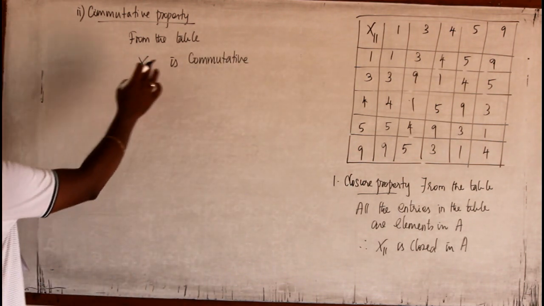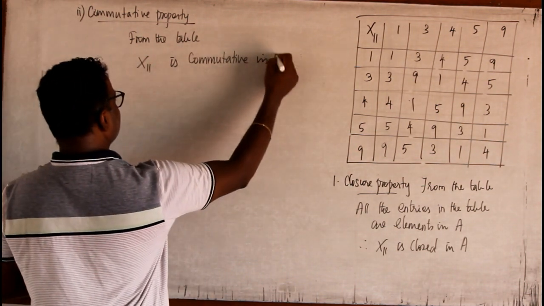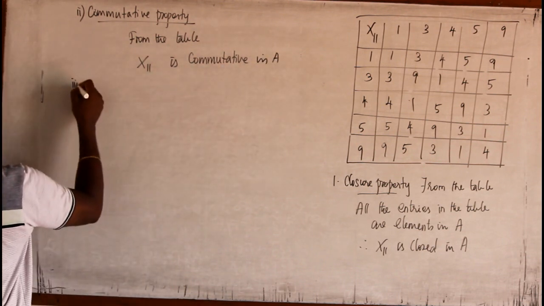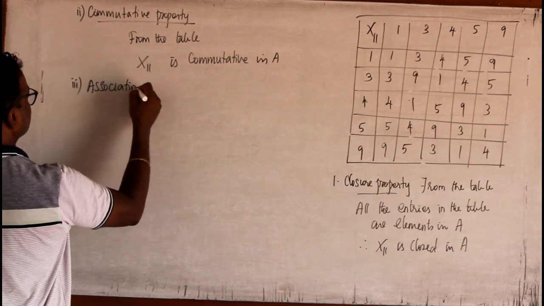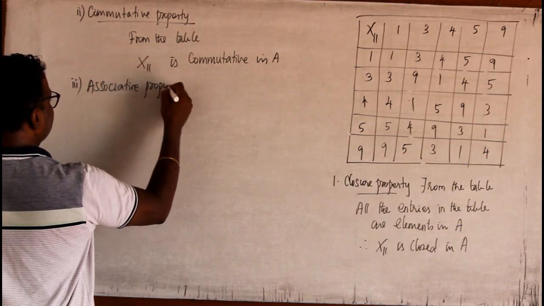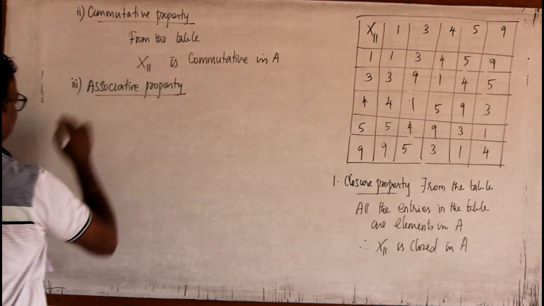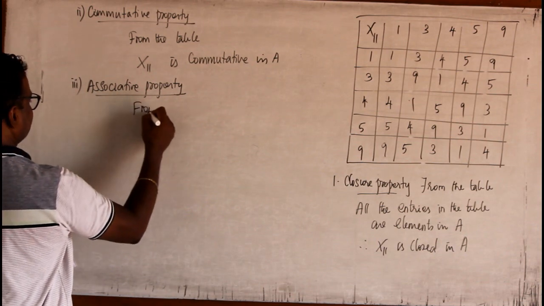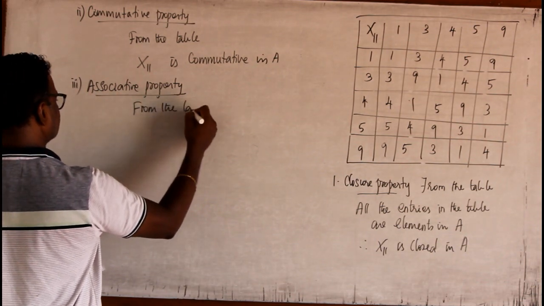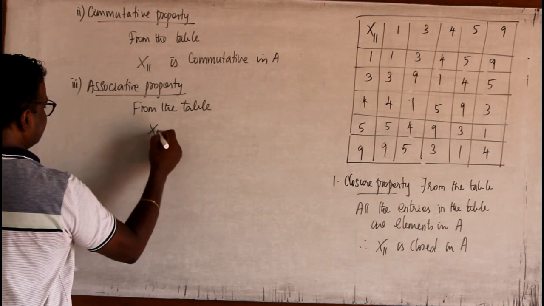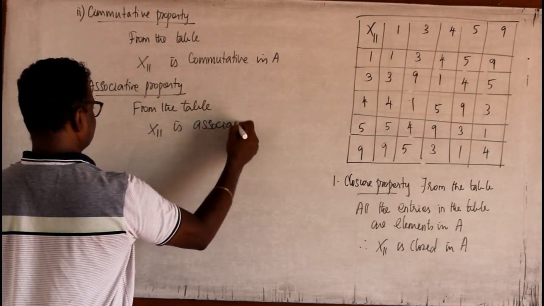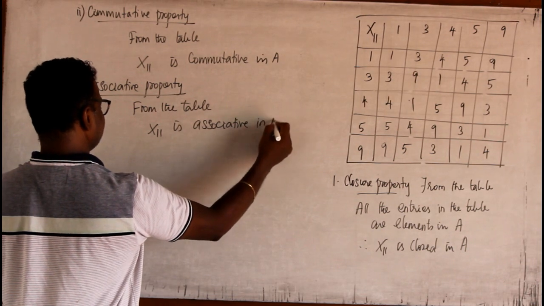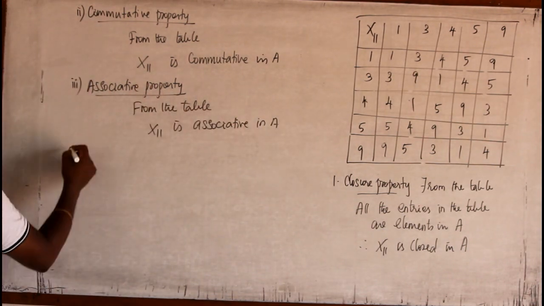Multiplication always obeys commutative in A. Third one, associative law. Again, multiplication always obeys the associative law. So from the table, multiplication modulo 11 is associative. You can check, but it's not necessary also. Multiplication always obeys the associative law.